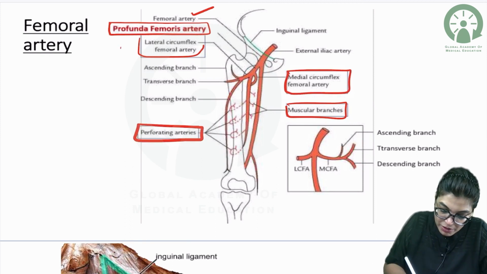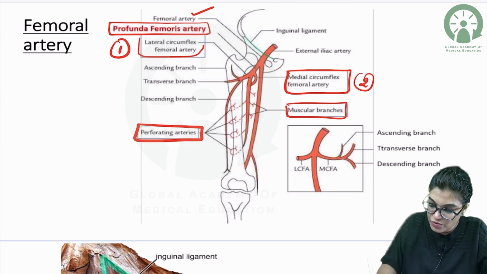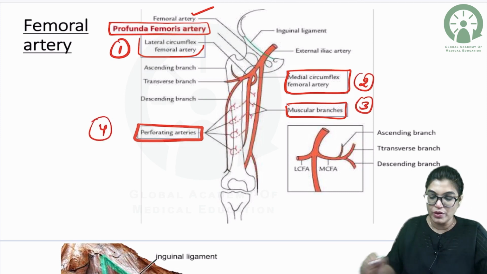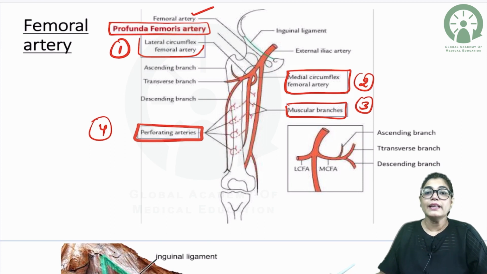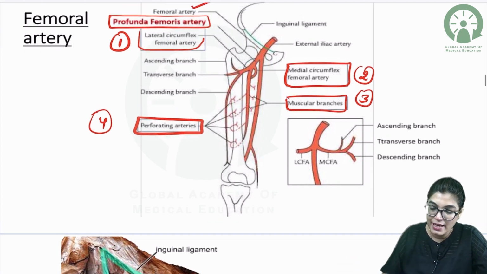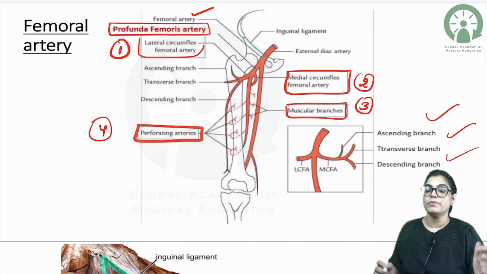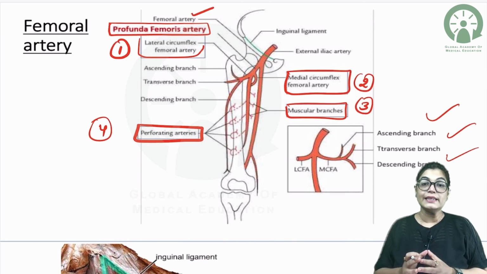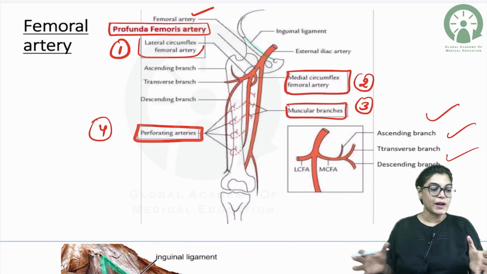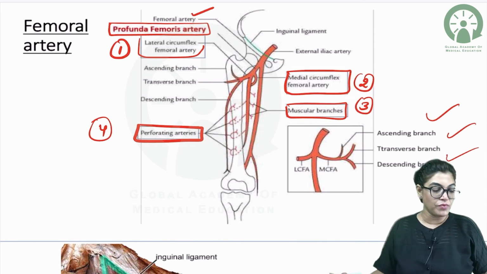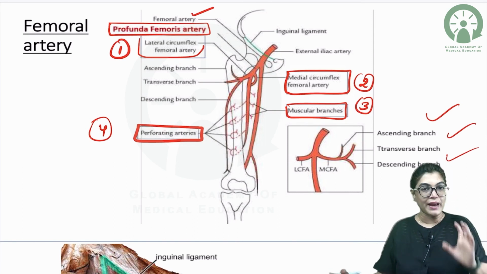So these are 4 important branches. The lateral and medial circumflex femoral artery again give 3 more branches which are ascending, transverse and descending. Actually, these branches take part in the formation of anastomotic network in the back of thigh.